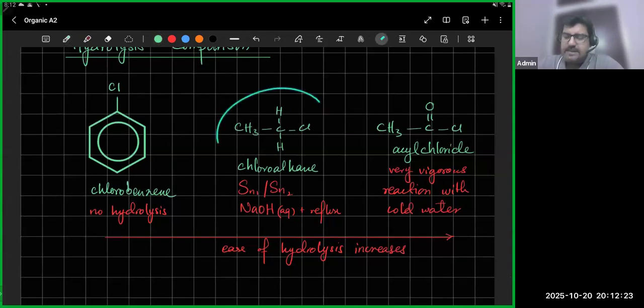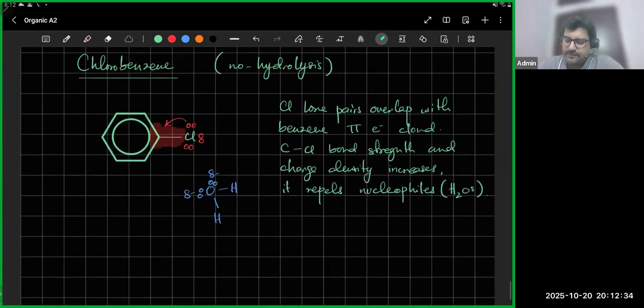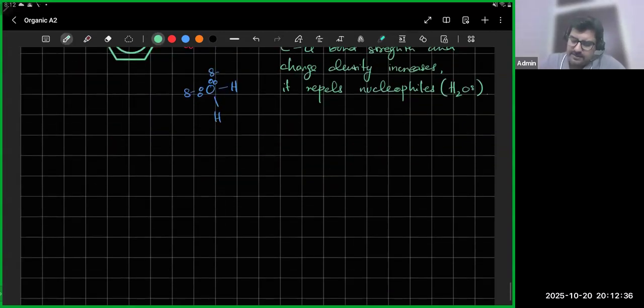Now the second one. This is your AS; you have to recap everything about AS. They will hydrolyze, but with NaOH aqueous and reflux, and there's going to be an SN1 or SN2 mechanism. So we're going to do that quickly. So you've got halogenoalkanes, with SN1 and SN2 mechanisms.